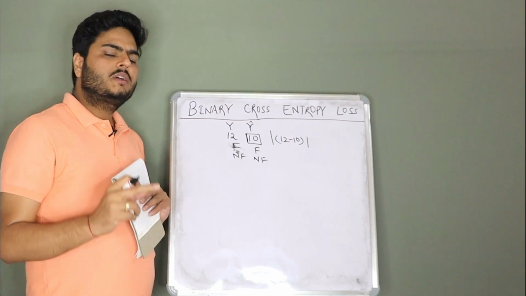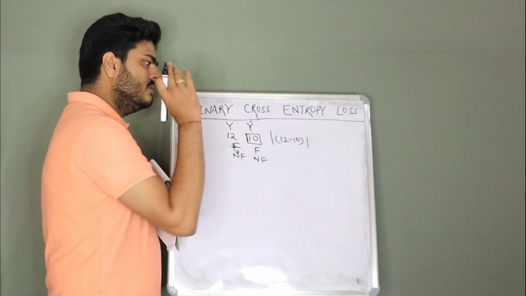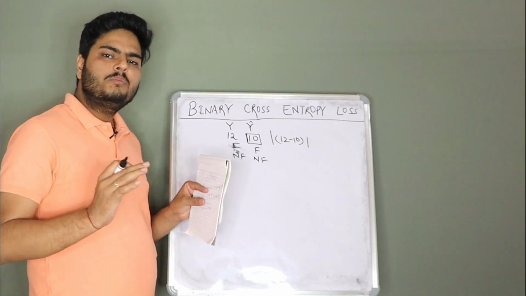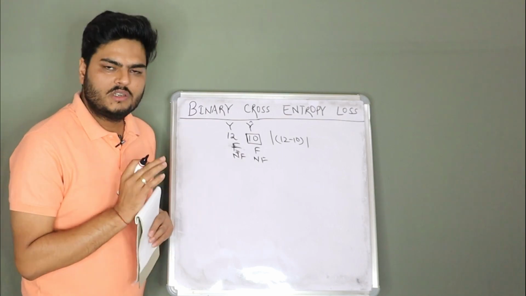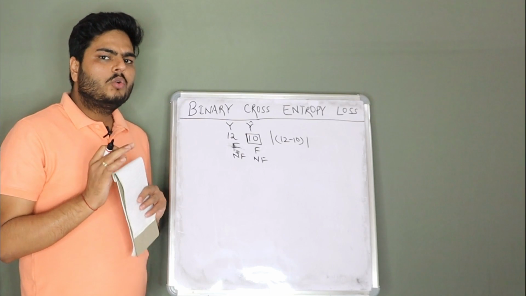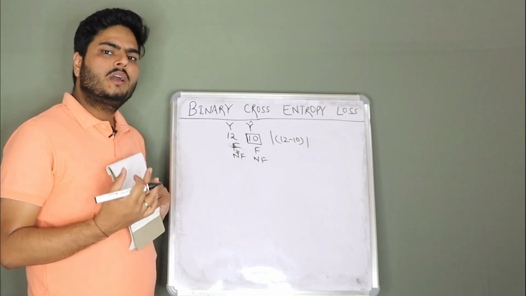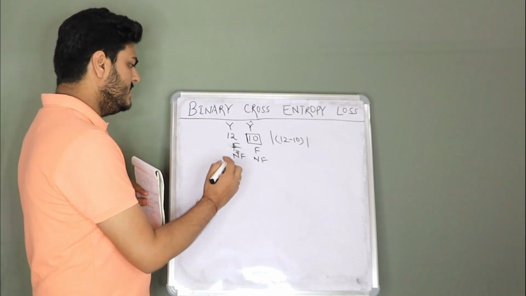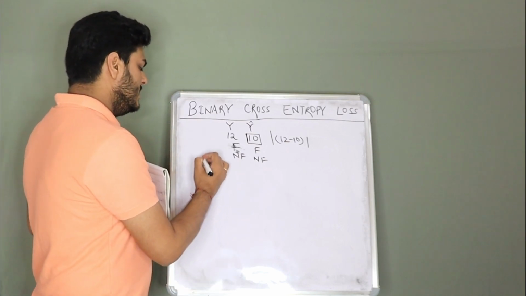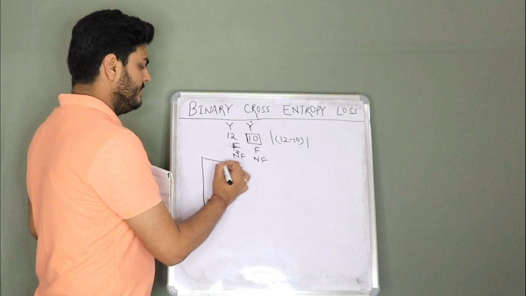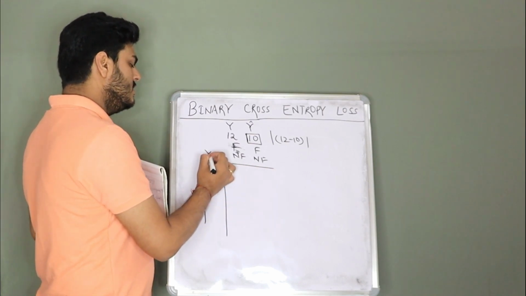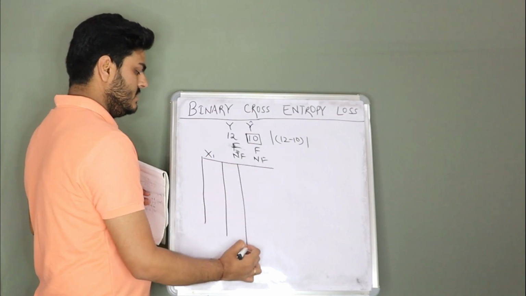We will break this down and try to understand what is entropy, guys. Entropy is nothing but it tells you the randomness in your observations. Now, when you have classification data and you train on it, let me create a simple table here. Let us say this is your input feature and this is your target feature.